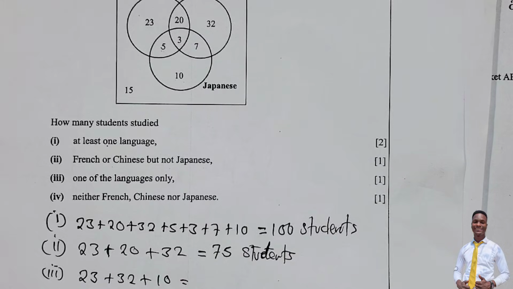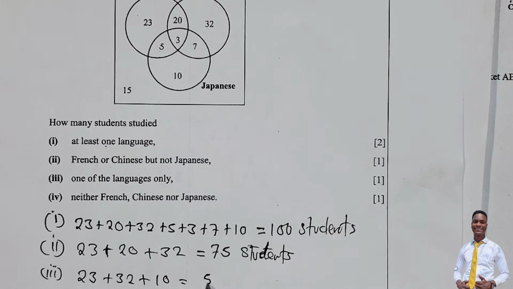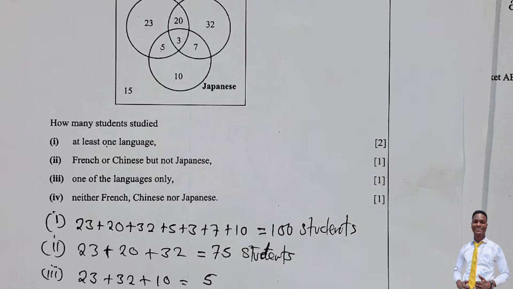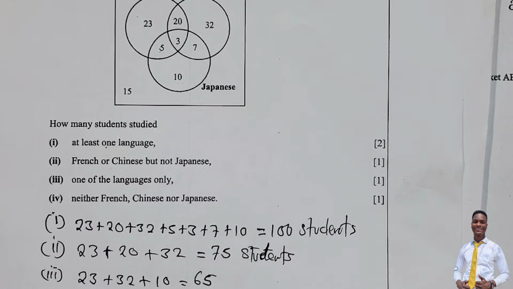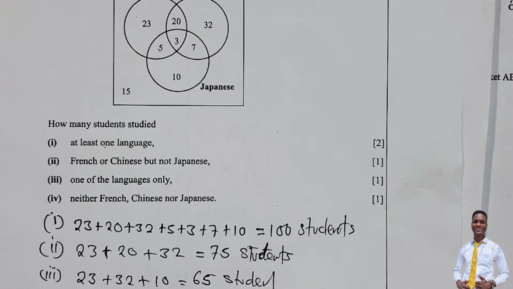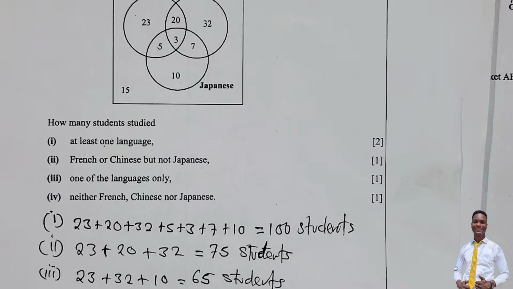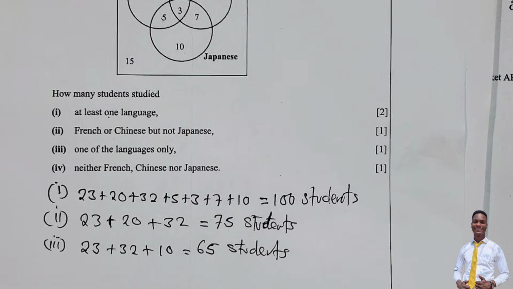If you add these on the calculator, we're going to have a 5 there, 2 plus 3 plus 1, that is 6. So 65 students.